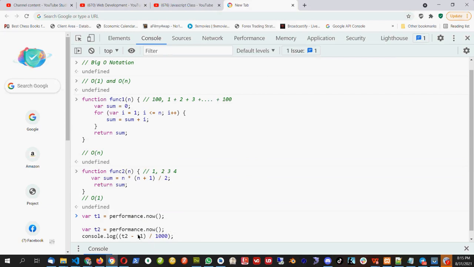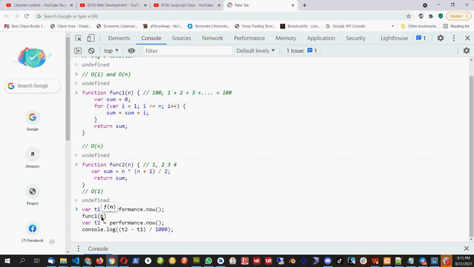With this I will check how much time it is taking, and I will put function 1 inside it. We only have to see how much time function 1 takes when I pass different numbers, and how much time function 2 takes.